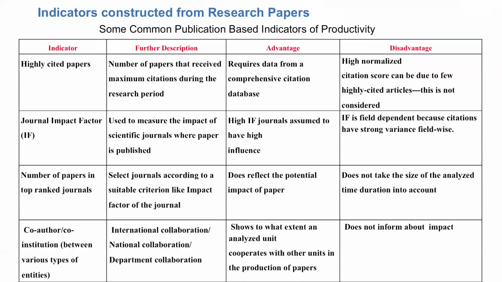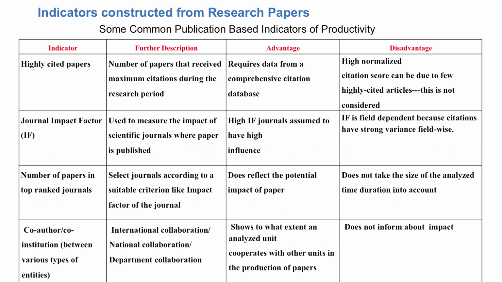Continuing with some more indicators that are important: highly cited papers, that is, the number of papers that receive maximum citations during a research period. Here we try to create a window, say a 2-year or 3-year window, to look at which are your highly cited papers.